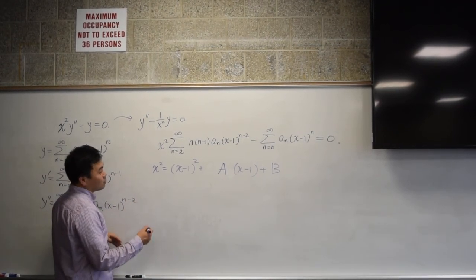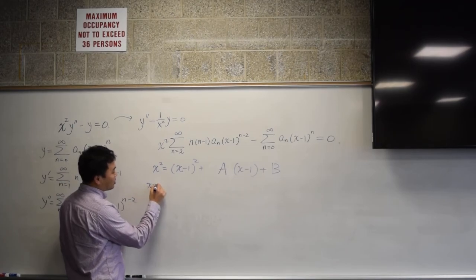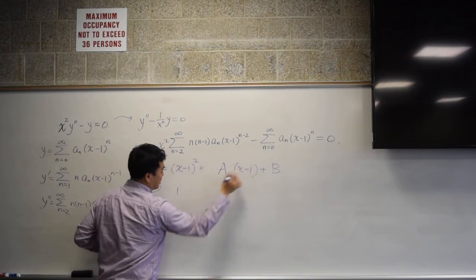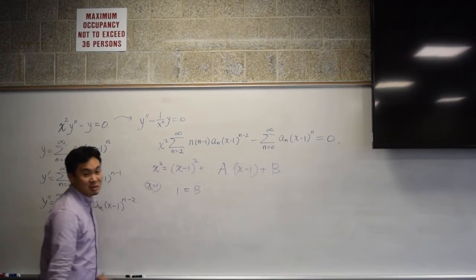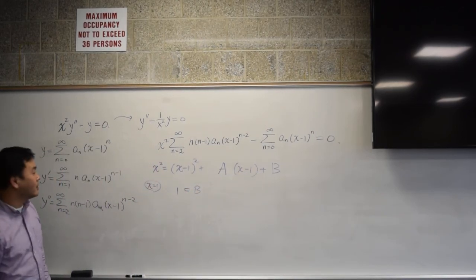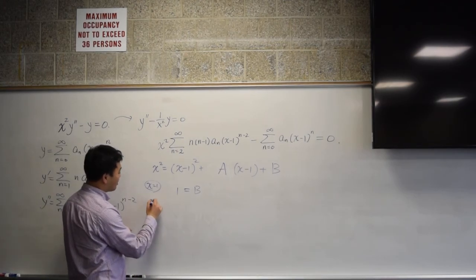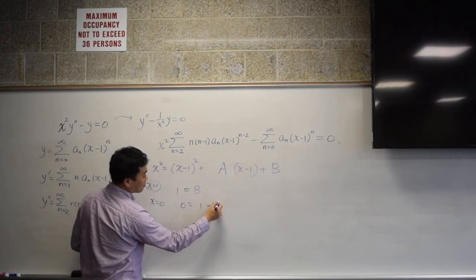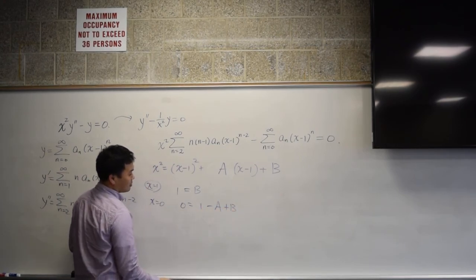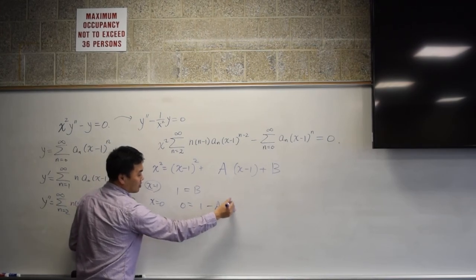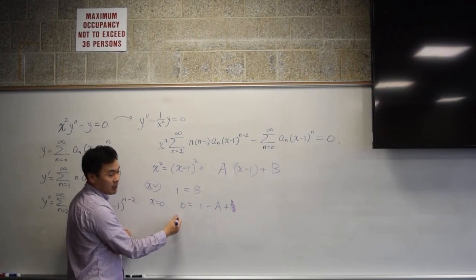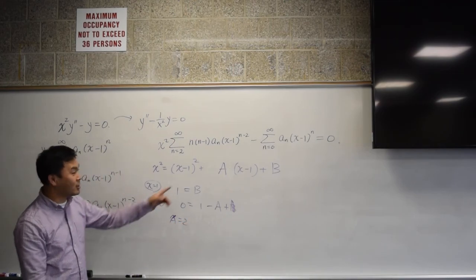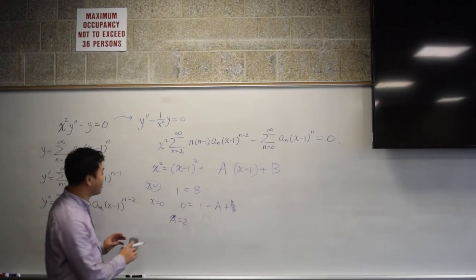One way to do it would be to plug in x equal to 1, and you get 1 on the left side, but on the right you get 0, 0, and b. So you get b equal to 1 immediately. Then just plug in another number, x equal to 0. What does that give you? 0 equals 1 minus a plus b. Since b is 1, you solve for a and get a equal to 2. Good. So that's how I got a equals 2 and b equals 1.